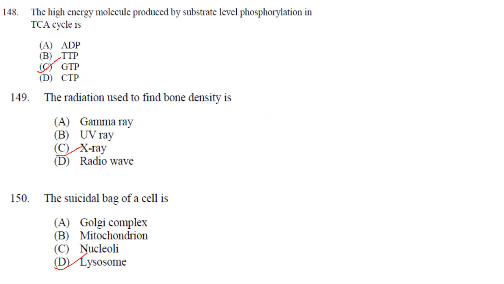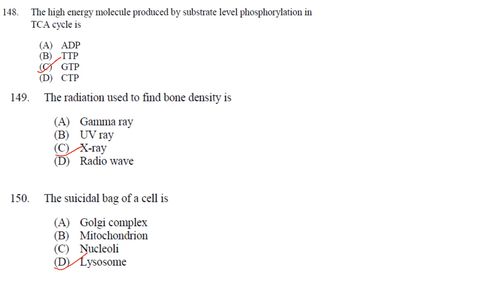Then next one. The high energy molecule produced by substrate level phosphorylation in TCA cycle. So during Krebs cycle or the citric acid cycle or the TCA cycle, succinyl-CoA is acted upon by the enzyme succinyl-CoA synthetase to form succinate. That is a C4 carbon compound. The reaction releases sufficient energy to form ATP in the case of plants or GTP in the case of animals by substrate level phosphorylation.